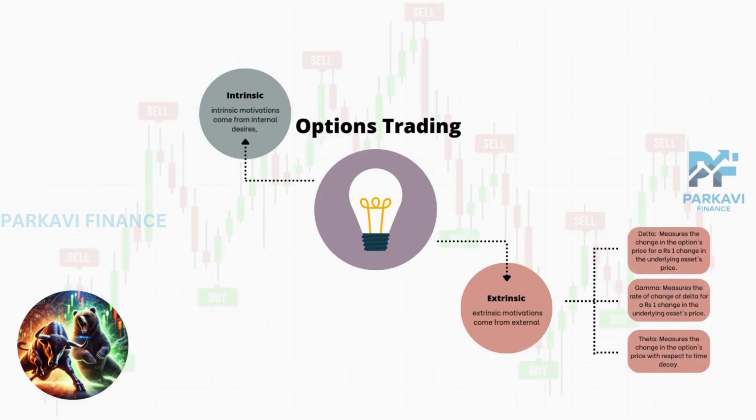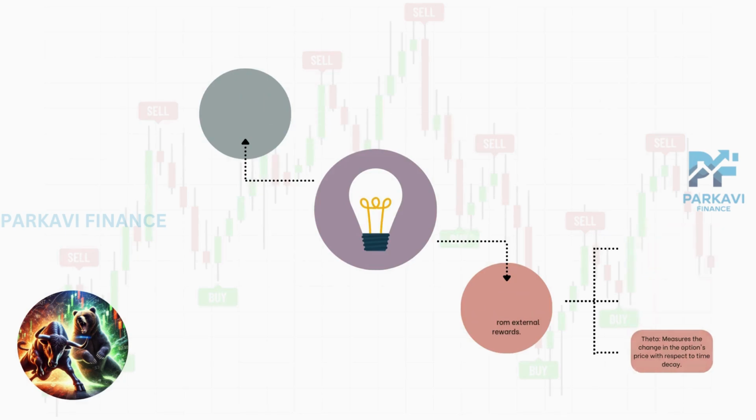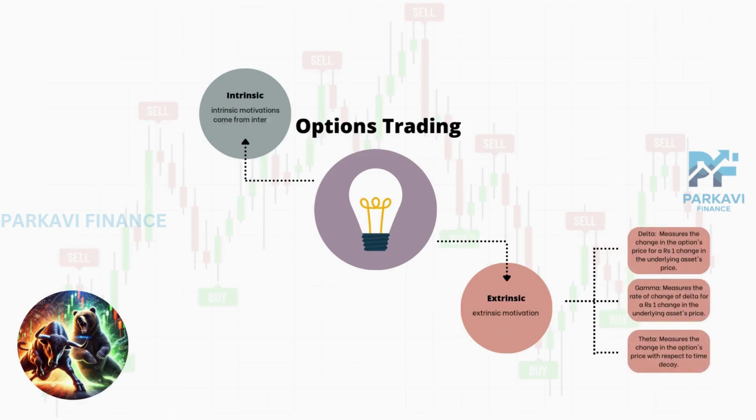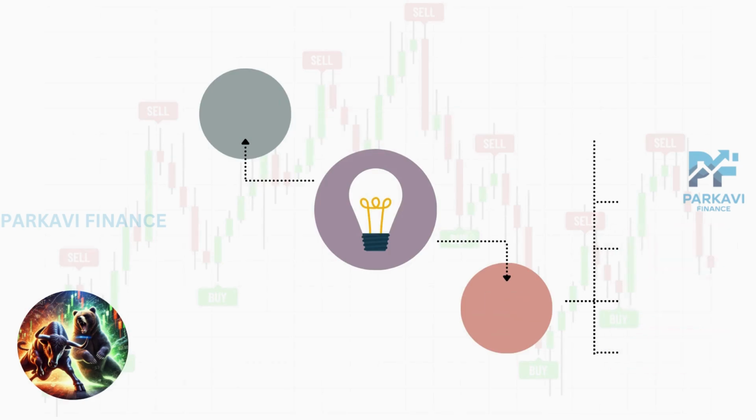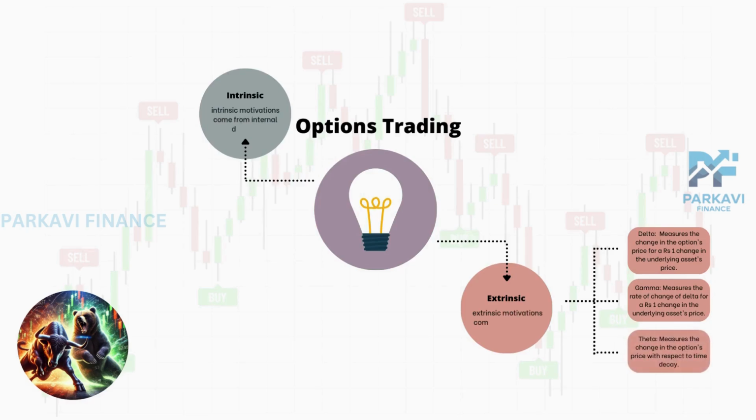Nifty did gap up 20 points, but the option premium did not increase due to time decay, because each day the price decreases by 0.05 paise.